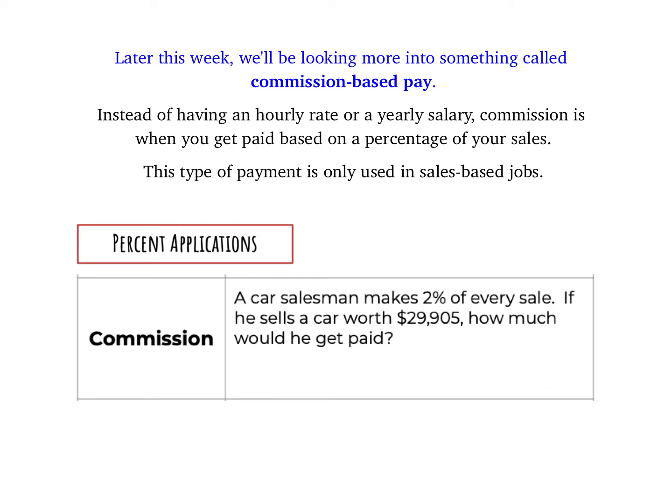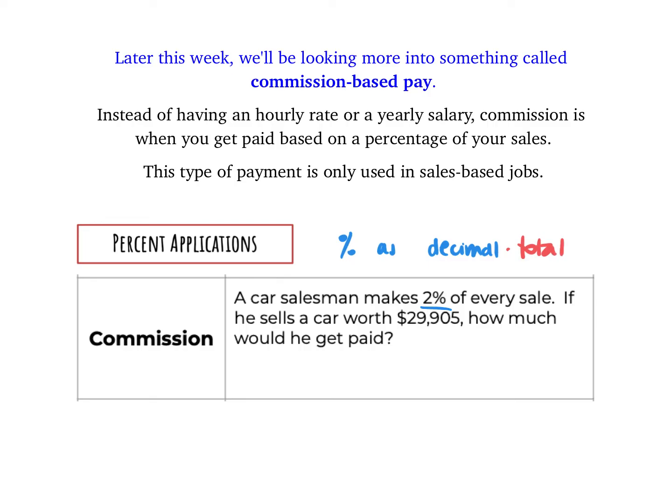In this example, it says a car salesman makes 2% of every sale. So again, instead of having $20 an hour or over the course of the year a certain amount of money, instead they get a percentage of every sale. If he sells a car worth $29,905, how much would he get paid? So again, following that process, we're taking that percent as a decimal and multiplying it by the total.